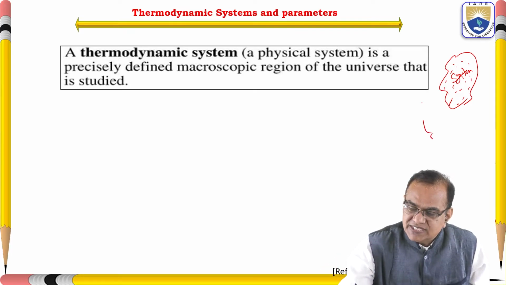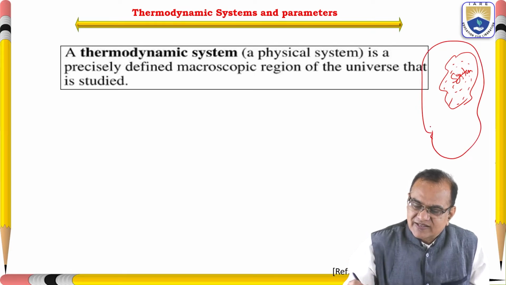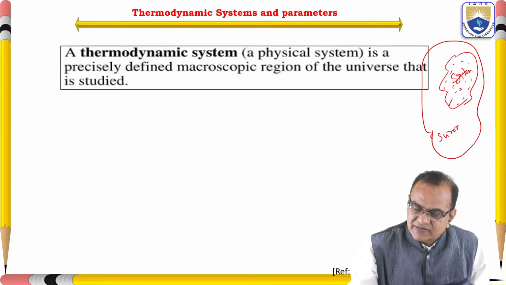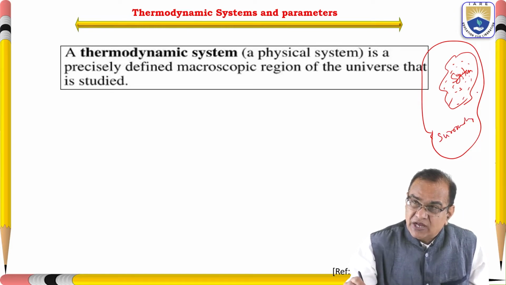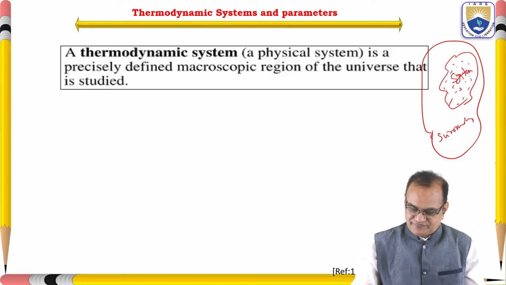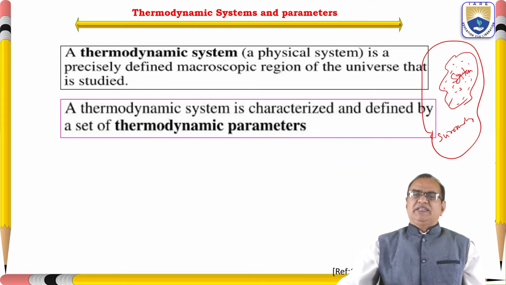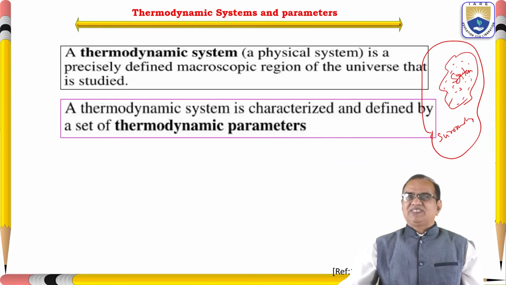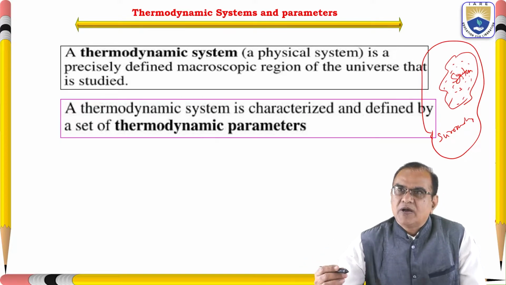This is the universe here. This system and this surrounding, if you put them together, make the universe. A thermodynamic system is characterized and defined by a set of thermodynamic parameters.